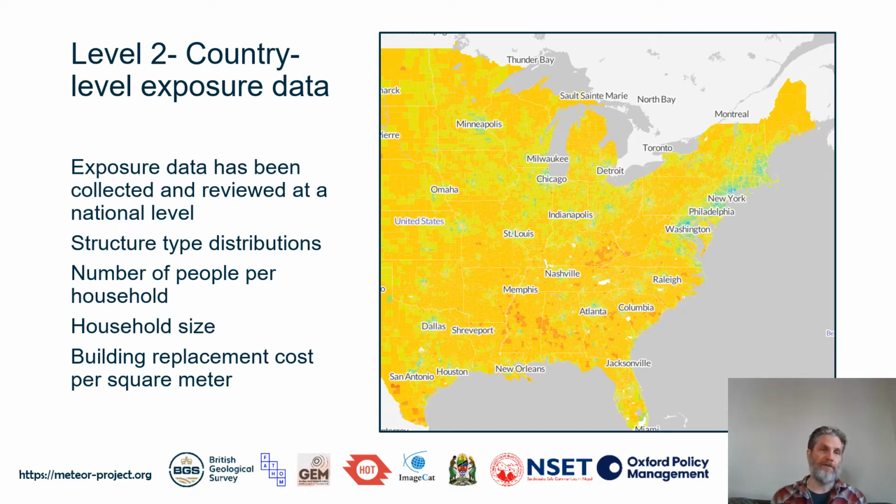But if not, if you say the average house is 1,500 square feet or whatever, that will cause error as you move geographically through different climate regions and economic conditions and so forth, where that assumption may or may not hold. And then finally, the building replacement cost per square meter is also a key determinant of the final results, which when you have that estimate at the country level, is problematic and causes error.